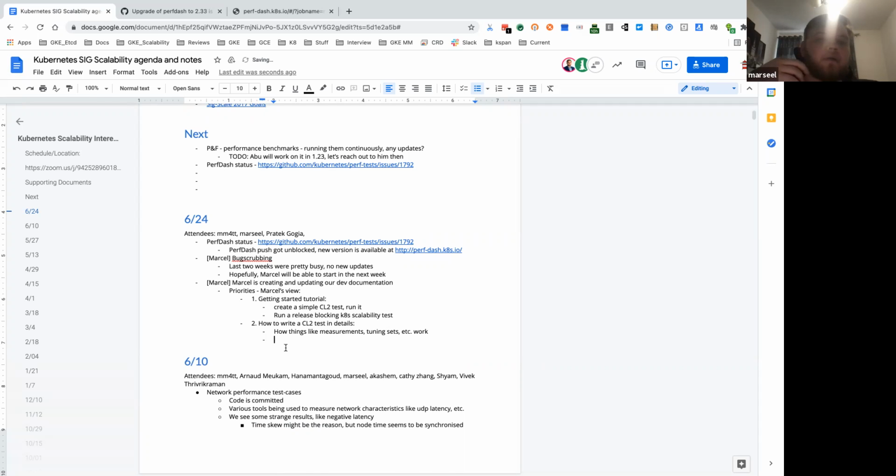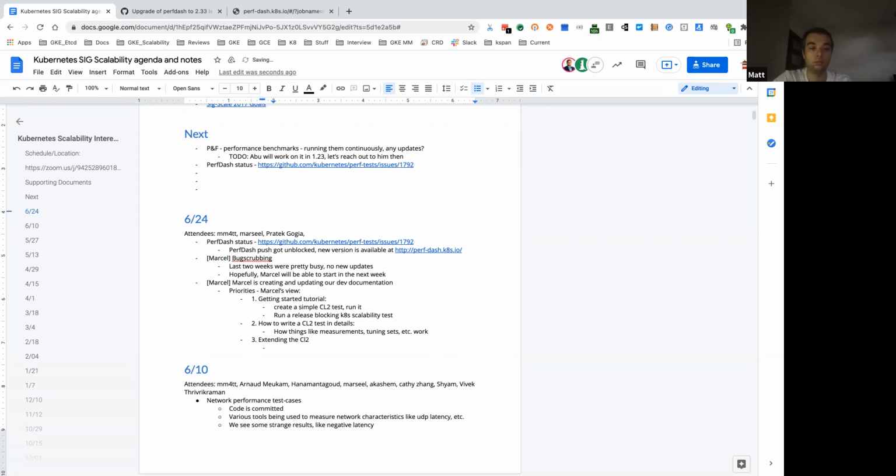So how to write your own measurement, how to gather metrics, and how to basically measure whatever you want within your cluster. So for me personally, this is how the scope for updating the dev documentation looks like from my perspective, basically, what I would like to do.